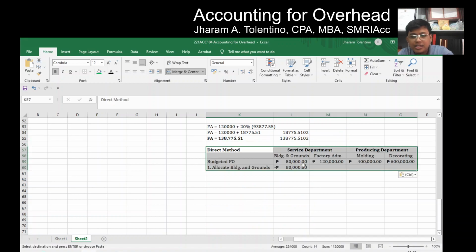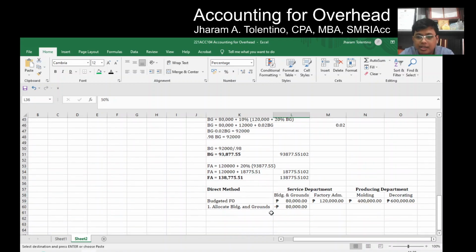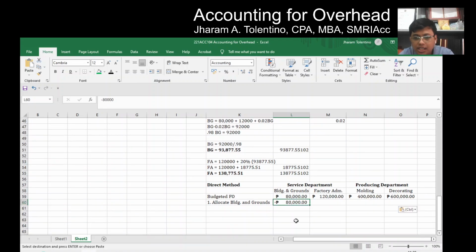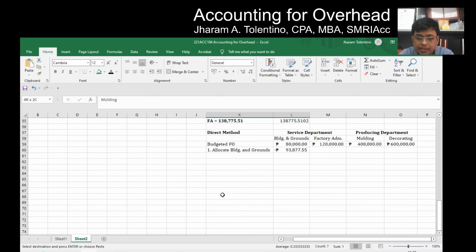Okay? Doon tayo sa additional information. Kalimutan. Services provided. So, we have 50, 30, and 10. So, instead of 80, going back, this is minus 93,877.55. Yan. So, paano natin siya allocate? Using this one. Yung BNG, may molding, decorating, and FA. So, copy natin to. Except for the BG, syempre.